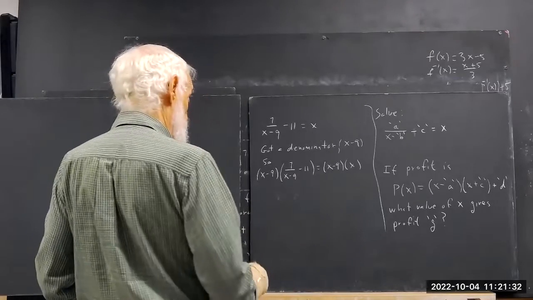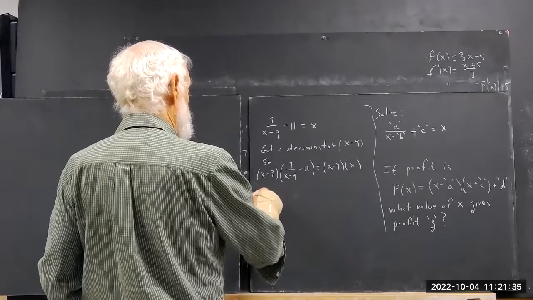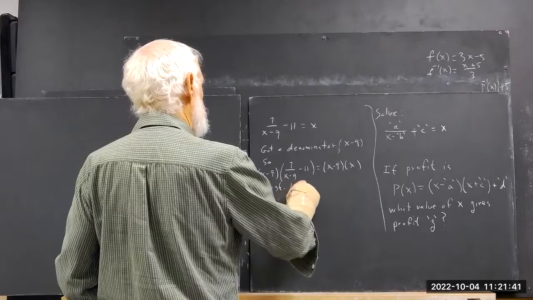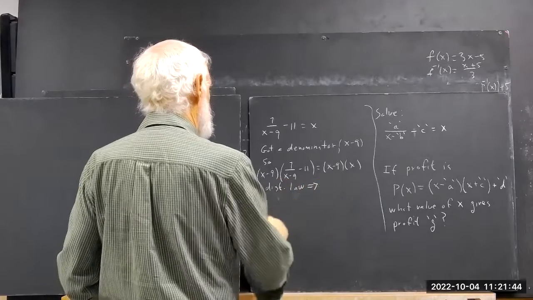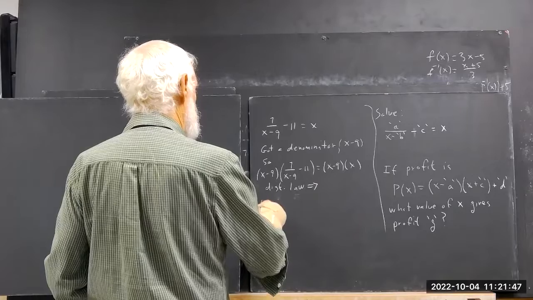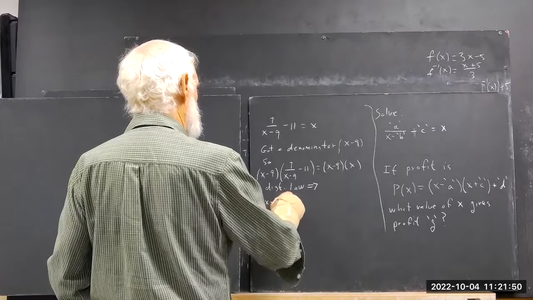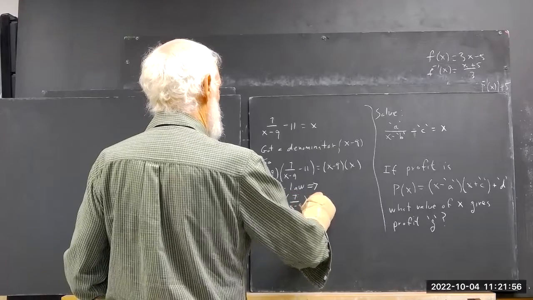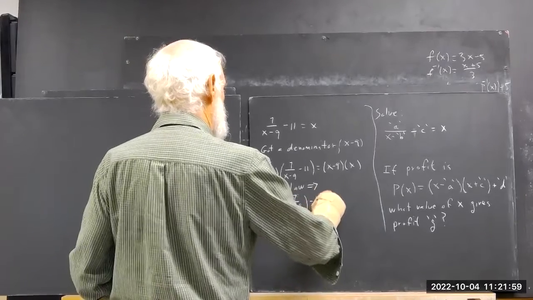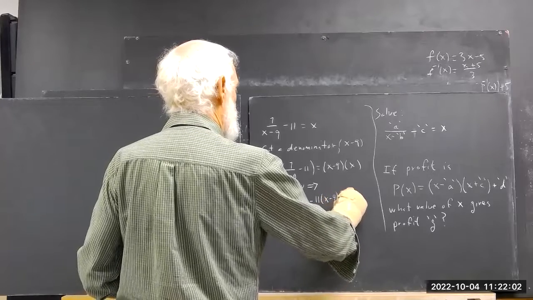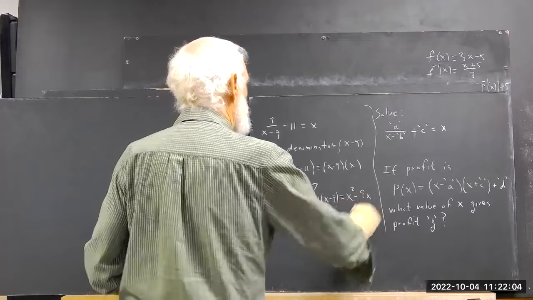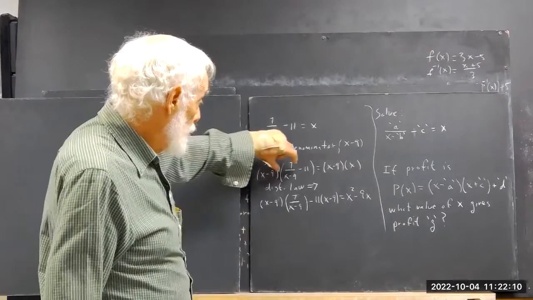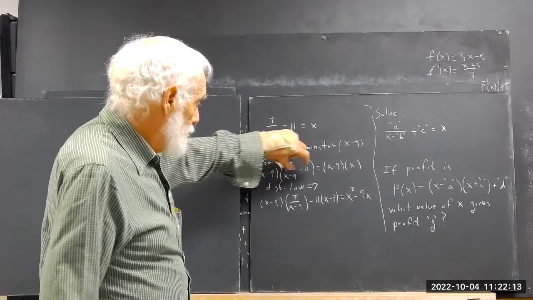We apply the distributive law. The distributive law is very straightforward. You multiply x minus 9 by this, and x minus 9 by the minus 11.